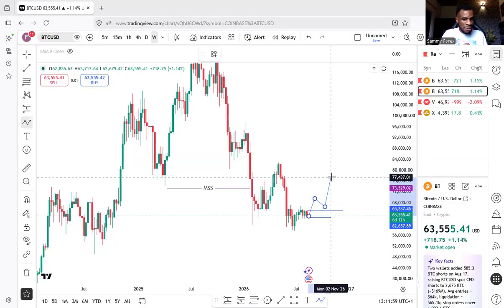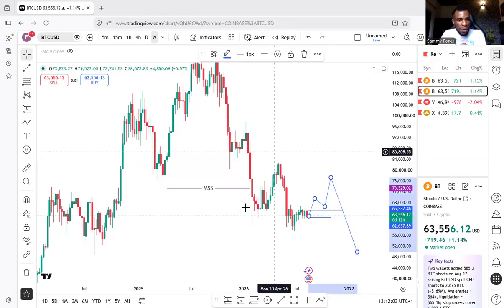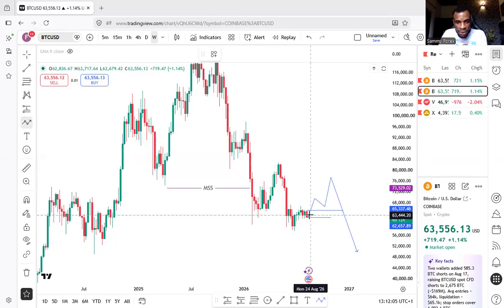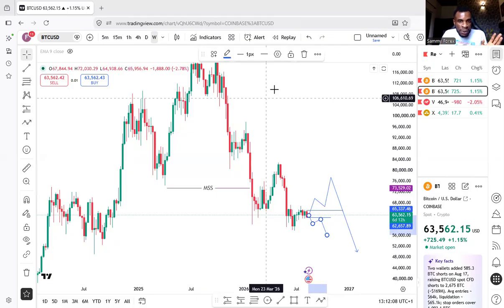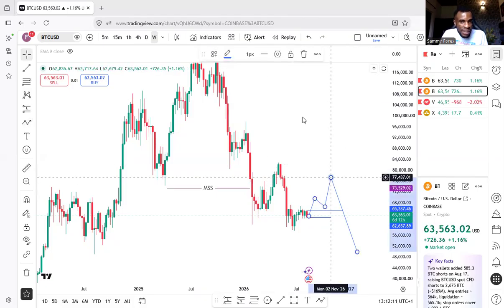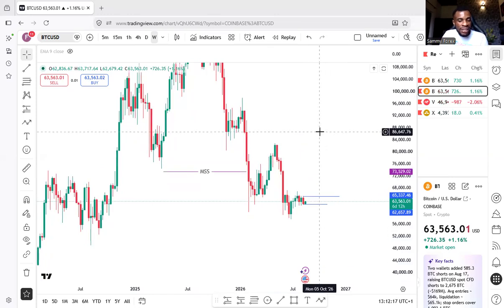Or if the market goes down like this, it continues selling. So now we can mark that weekly high and low. Why? For direction. The high and low are mainly for direction.